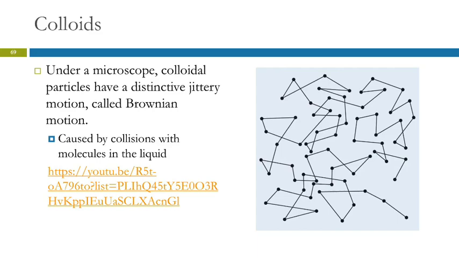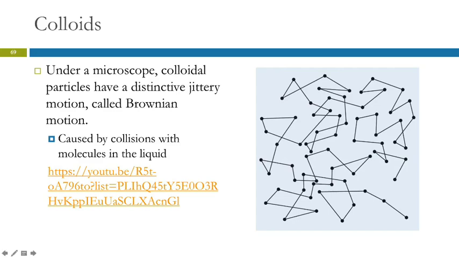If you look at the particles in a colloid under a microscope, they have a distinctive jittery motion that's called Brownian motion. I've got a video of this. We're in chemistry, we don't use microscopes.